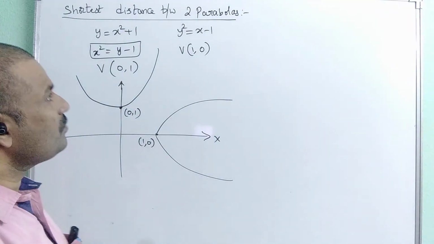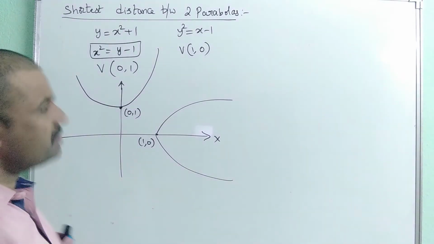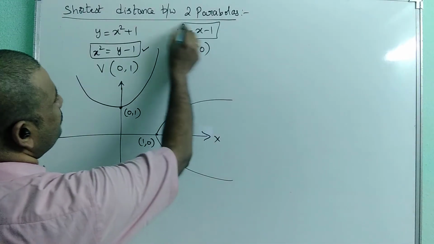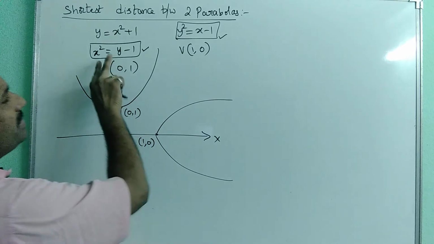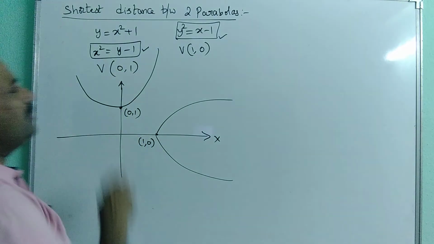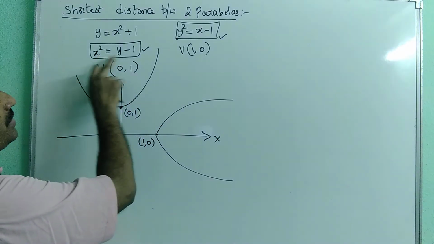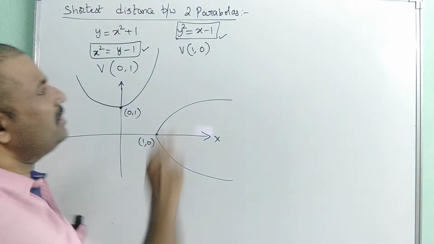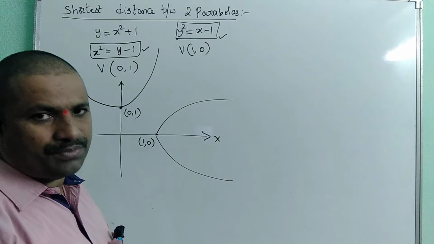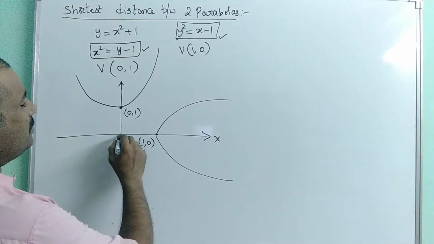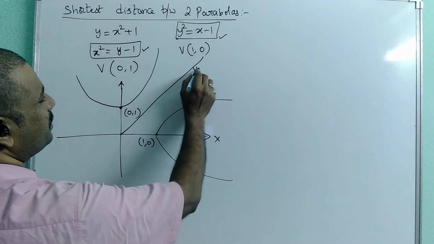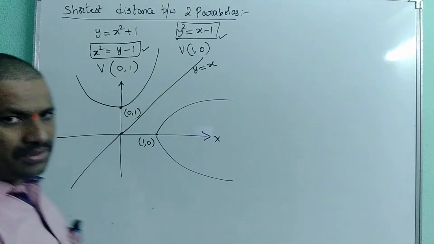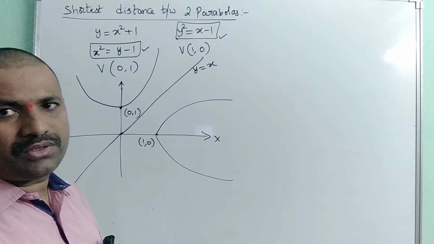First, observe these two parabolas. X square equal to y minus 1 and y square equal to x minus 1. Interchange x and y. We get y square equal to x minus 1, this parabola. By interchanging x and y, we are getting the other curve. That means the two curves are symmetric with respect to the line y equal to x.